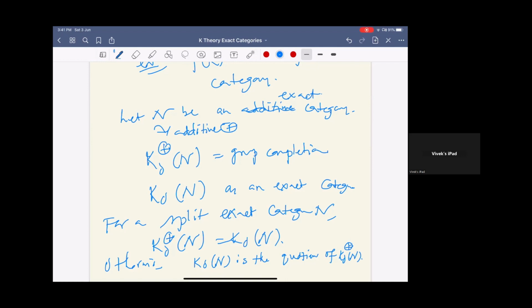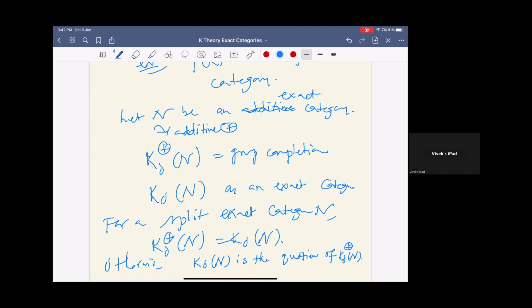Otherwise, K0 of an exact category can be thought of as a quotient of K0 of the symmetric monoidal category modulo some relation. But in the setting of a split exact category, these two definitions coincide. So as I said, PR is a split exact category, so both K0 groups coincide. Whether you think of it as an exact category or as a symmetric monoidal category, it doesn't matter.